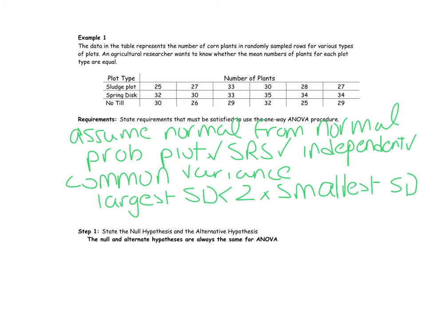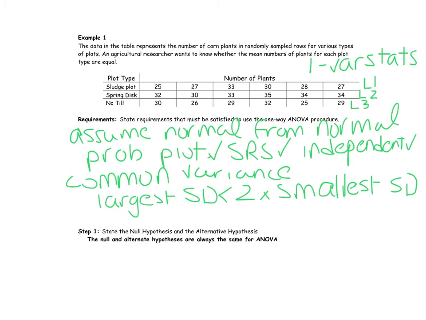Okay, so that means that we're going to have to take all of our data and find the sample standard deviations for each plot type. Okay, so how do we find sample standard deviation? We do a 1-var stat. So we would have to put our information in L1, L2, L3, just like that. And we would then use 1-var stats to get S, your sample standard deviation.